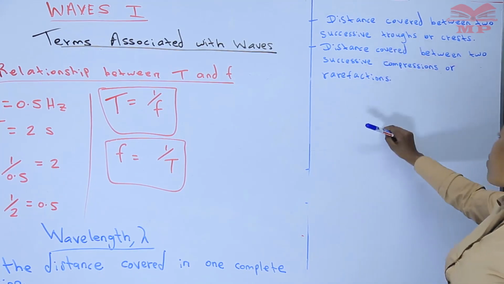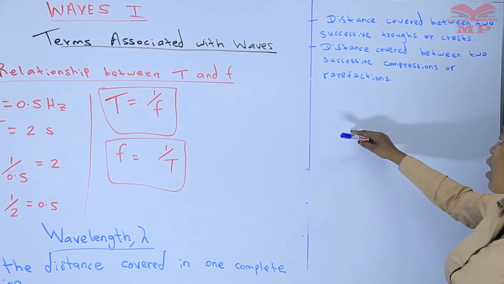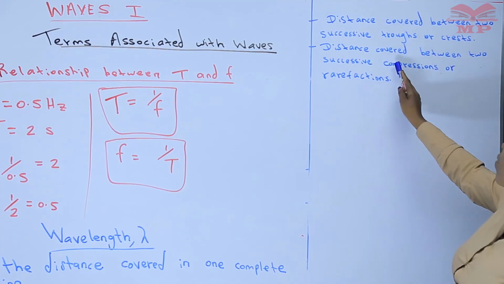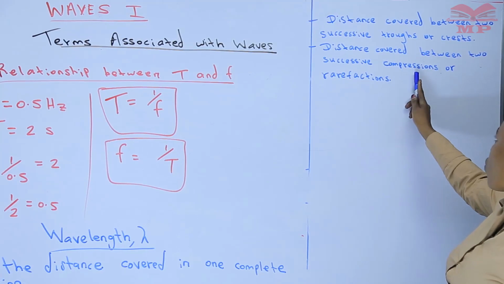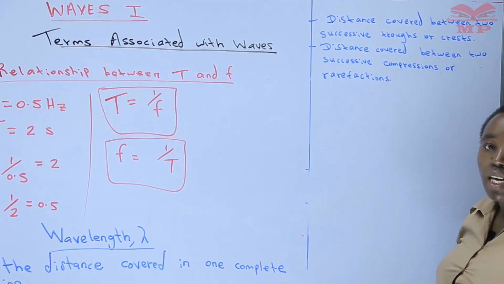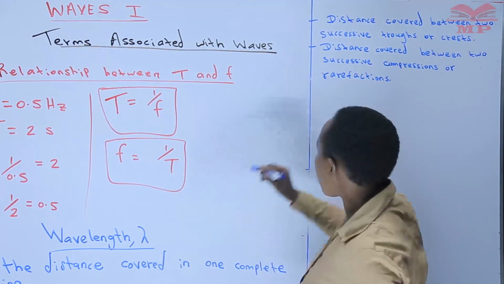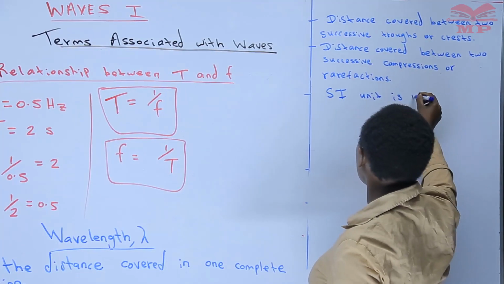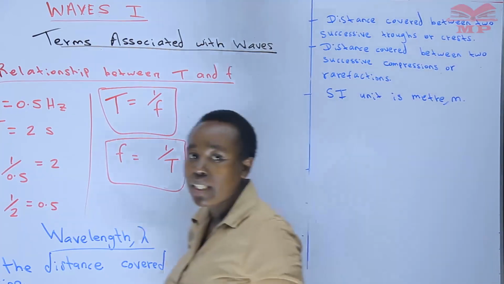It is the distance covered between 2 successive troughs, or even crests. And the distance covered between 2 successive compressions or rarefactions is for the case of a longitudinal wave. Then, being a distance, the SI unit is meter.